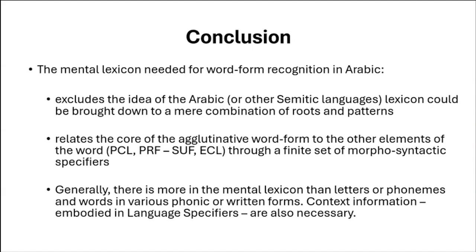So the language specifiers, that is the contextual information, and the contextual information is finite. The number of features are finite. They are finite in the word form, as I have demonstrated, but I have also shown that they can be considered as finite when you come to collocations and syntactic structures.